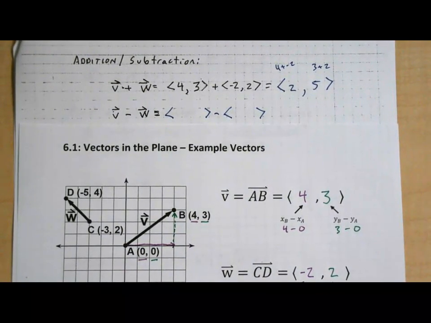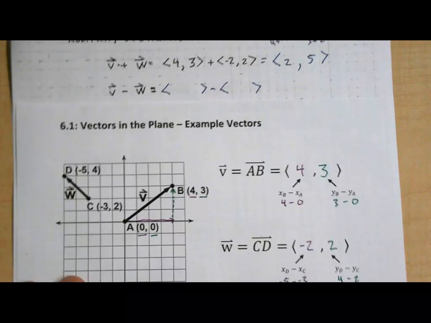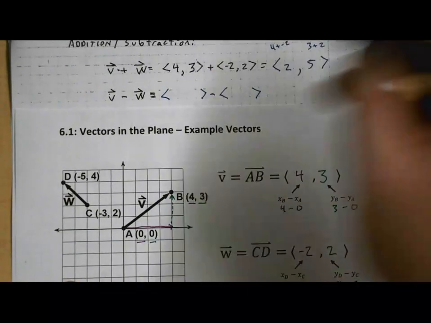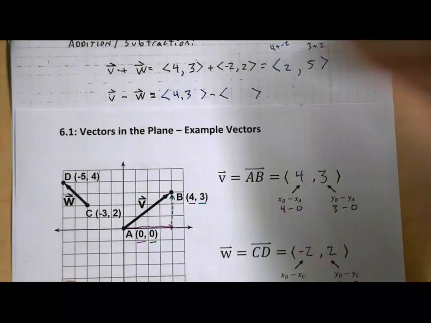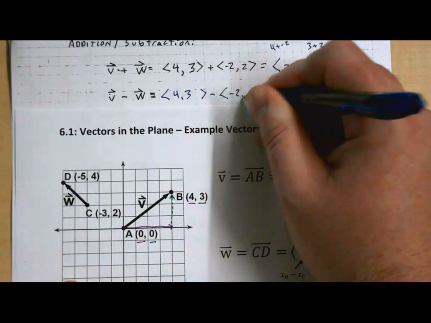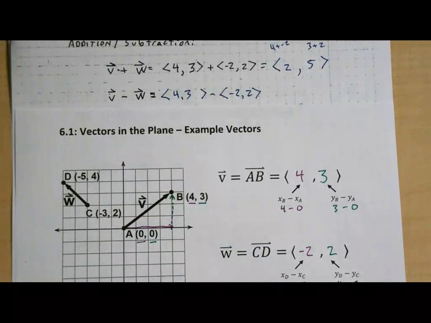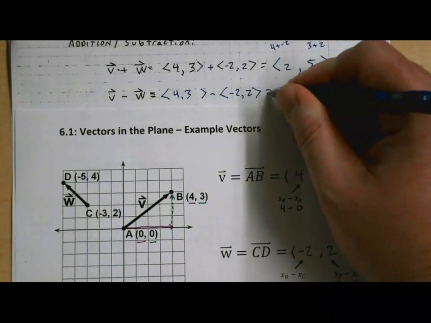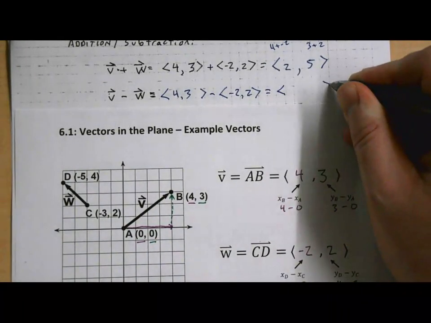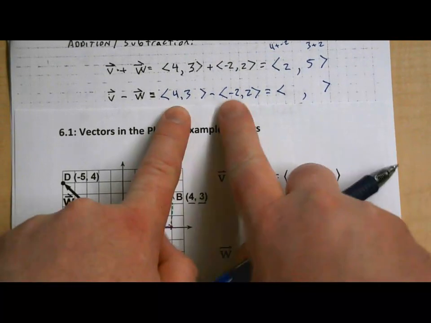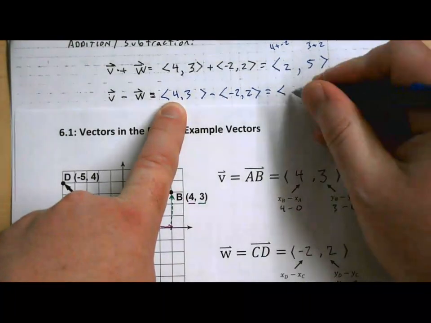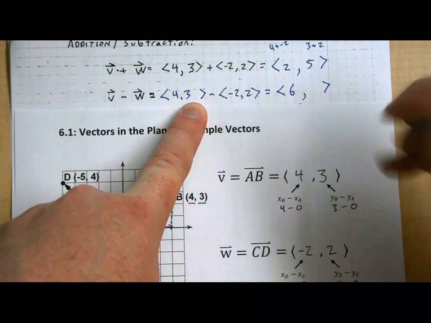Definitely for our notes, though. So same two vectors that we were using before, 4, 3, negative 2, 2. So 4 minus negative 2 is 6. 3 minus 2 is 1.